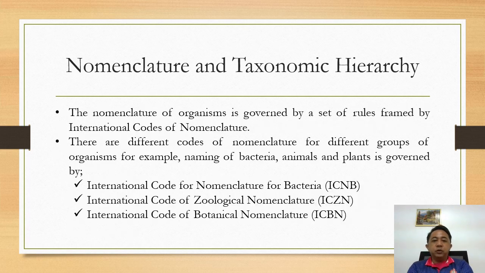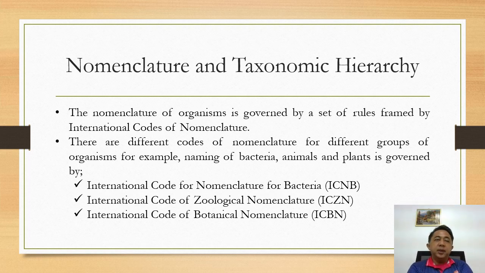Now, the nomenclature of organisms is governed by a set of rules framed by international codes of nomenclature. In other words, you cannot just name a particular organism. For example, you accidentally discovered a new plant variety or a new species of animal or any type of microorganism.